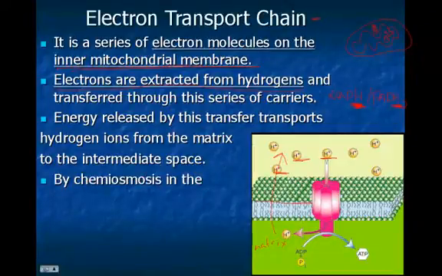And as it does that, we're basically going to build up a hydrogen ion gradient here. So we're going to create what we call a chemiosmotic gradient. In this picture they're not actually showing you this process, but what has happened is we have used these hydrogen ions that have been released here to build up this chemiosmotic gradient.